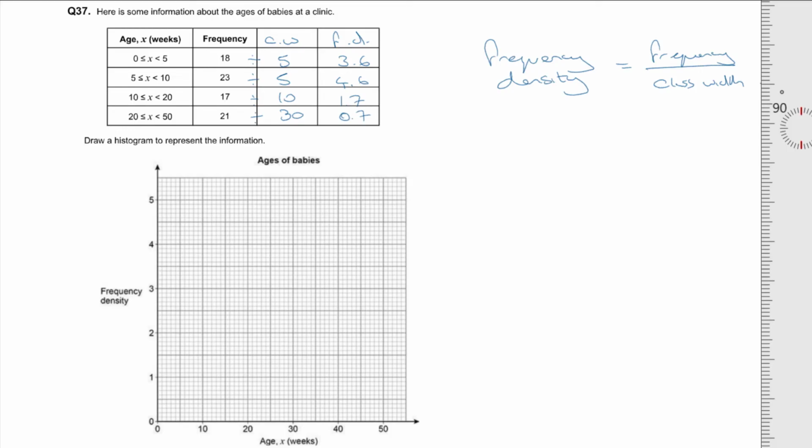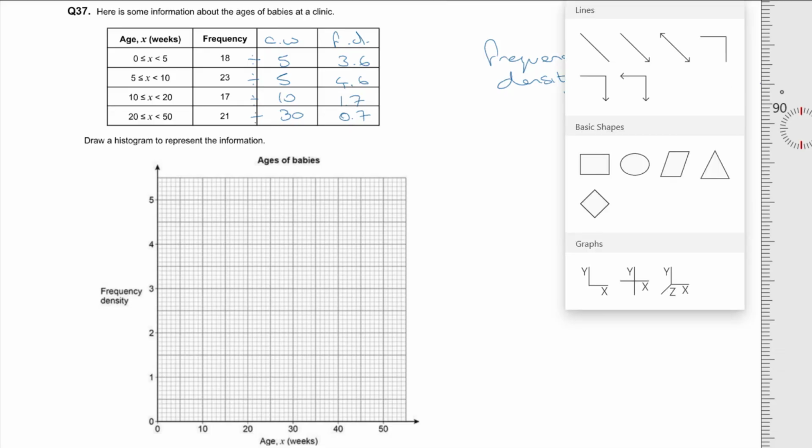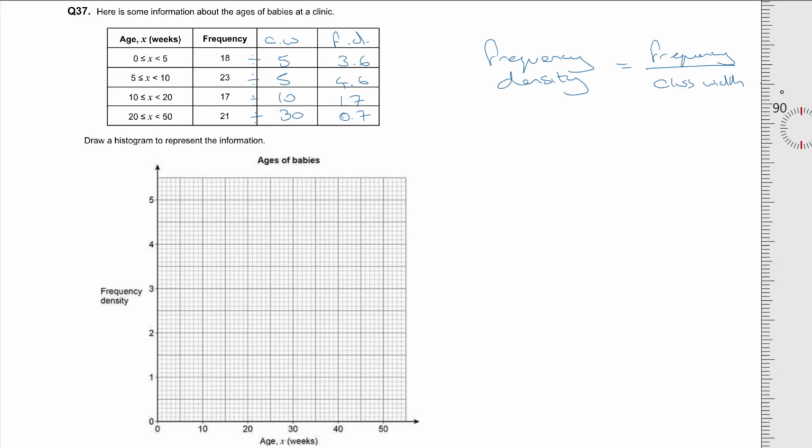So now I'm ready to draw my bars. I'm going to cheat and use the bar drawing tool. So 0 to 5, height of 3.6. Next bar goes from 5 to 10 with a height of 4.6.